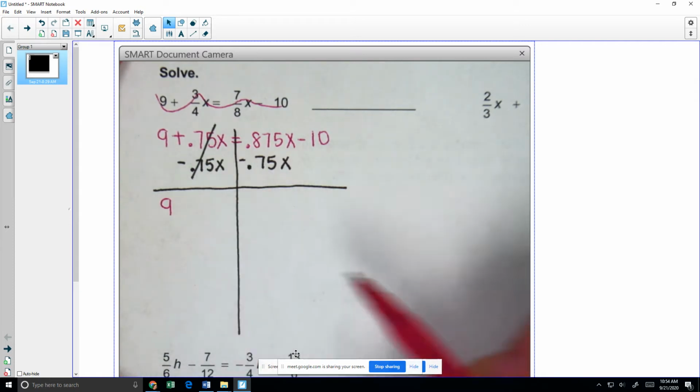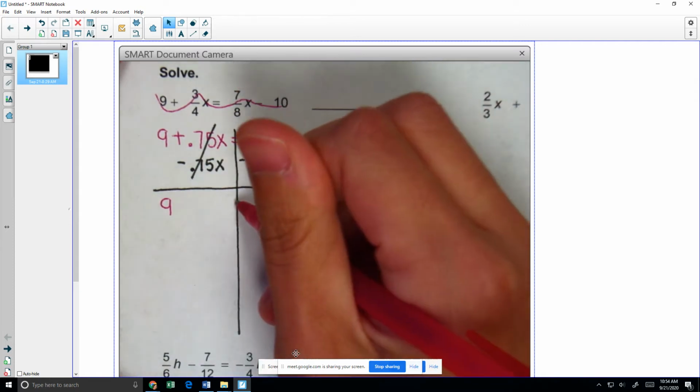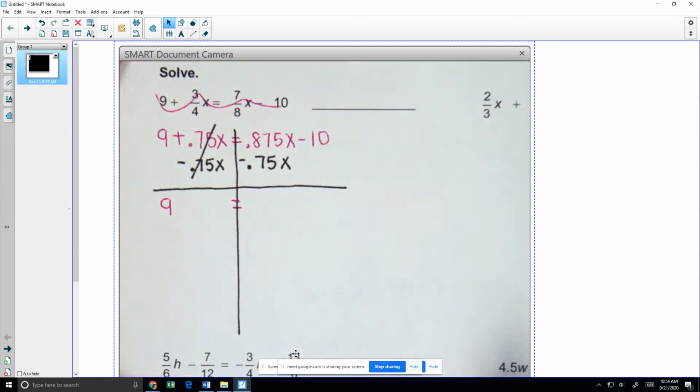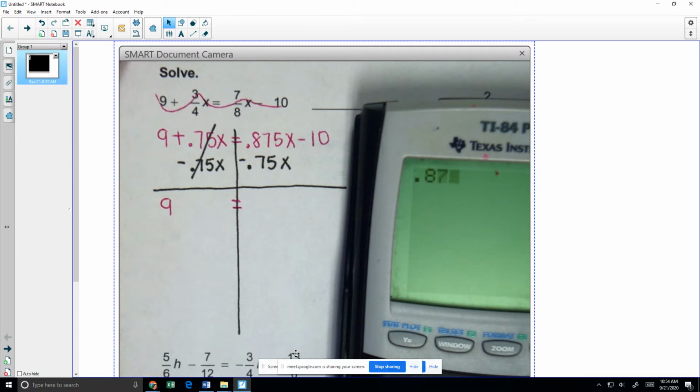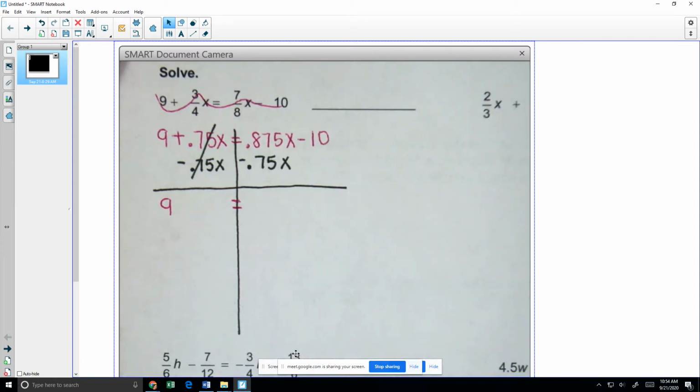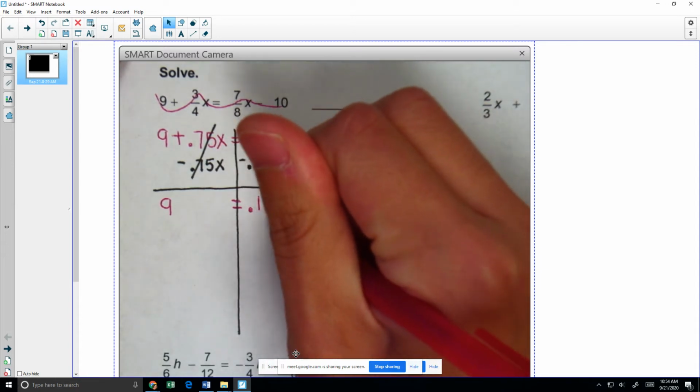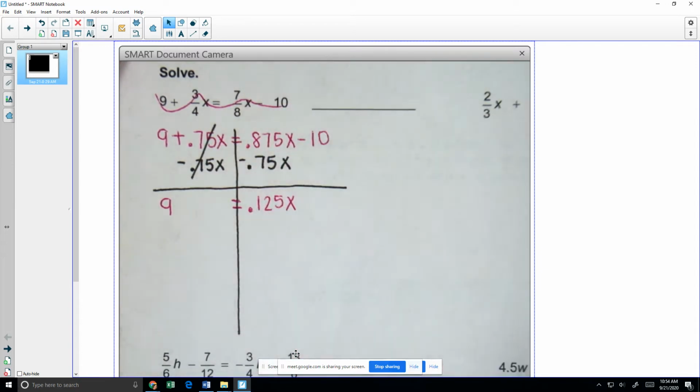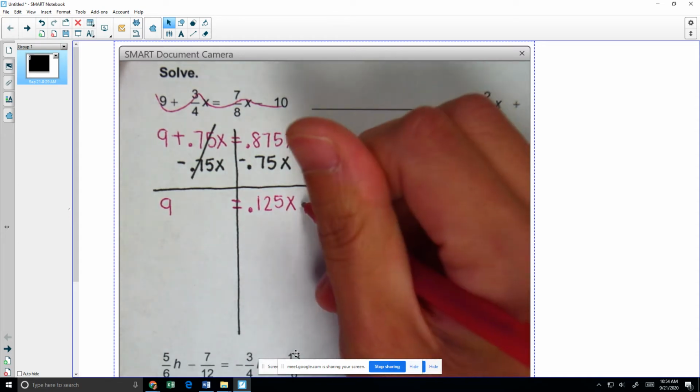That canceled out, so that disappeared. Here, I have an equals. Okay, I have 0.875 minus 0.75 in my calculator. I love this calculator so much. It's 0.125. And then I have an x. And then I still have the minus 10.